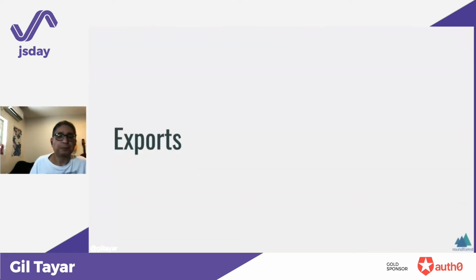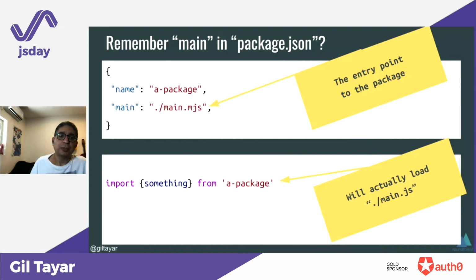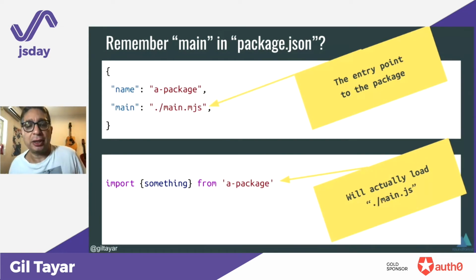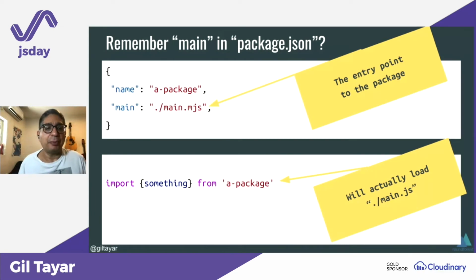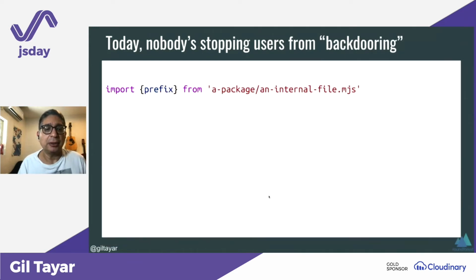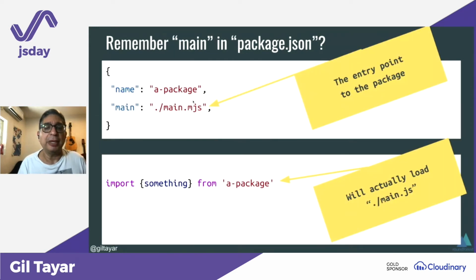But there's more. Let's talk about exports. Remember main in package.json? If you have a main in your package.json, like main.mjs, then when you import something from a package, it will actually load the file ./main.mjs because that's what's written in main.